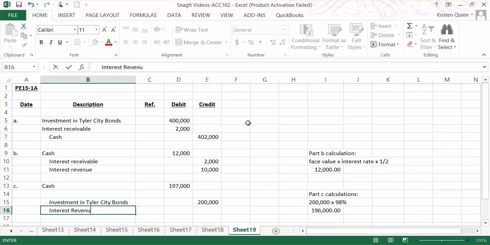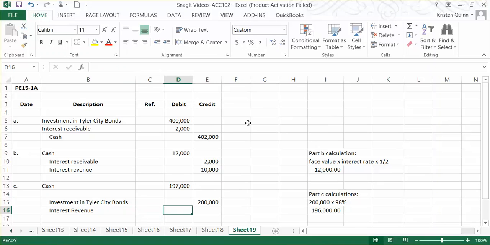We are receiving interest revenue of $1,000 for the accrued interest that we have earned since the last interest payment. We bought the bonds for 100%. We're selling them at 98%.